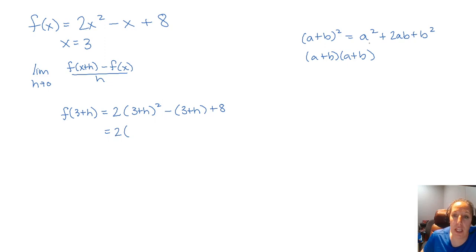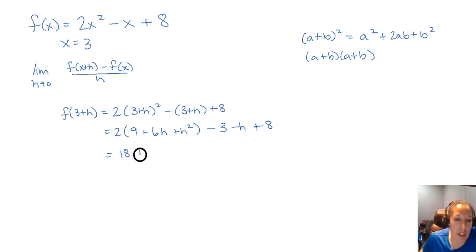But if we plug into that binomial expansion, 3 plus h quantity squared is going to be 3 squared, or 9, plus 2 times 3 times h, 6h, plus h squared. And then we can go ahead and distribute the negative to that second set of parentheses, so we'll get minus 3 minus h plus 8, and now we can distribute our 2.